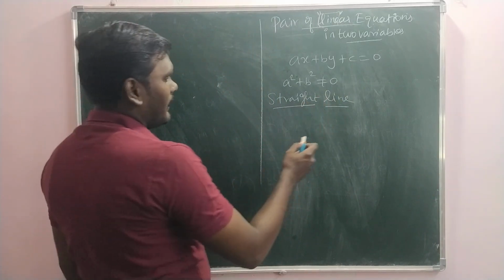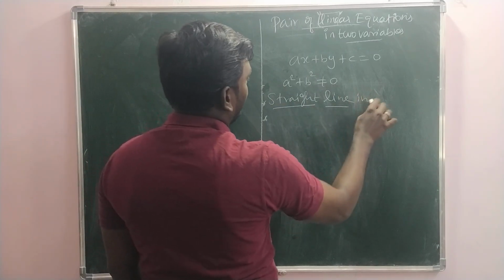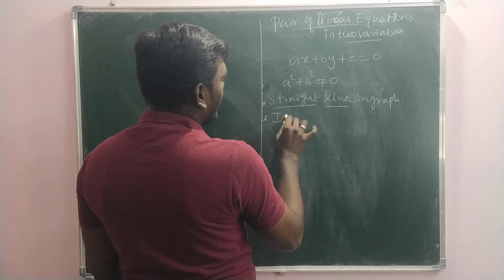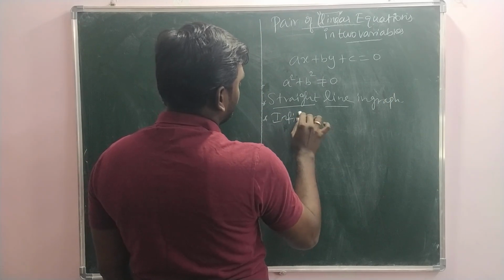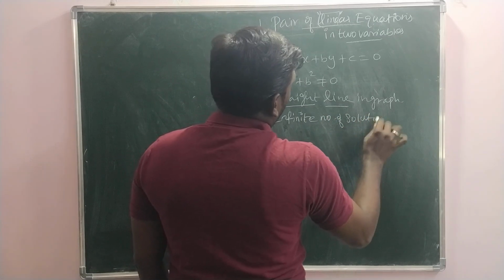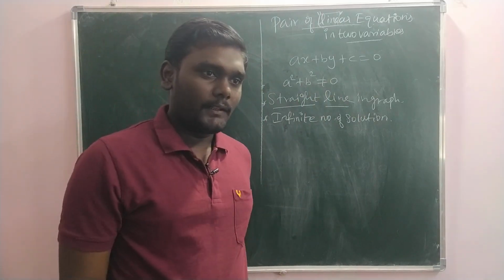So this denotes a straight line in the graph. This equation has infinite number of solutions. Whenever the value of x is given, the corresponding value of y we can find.